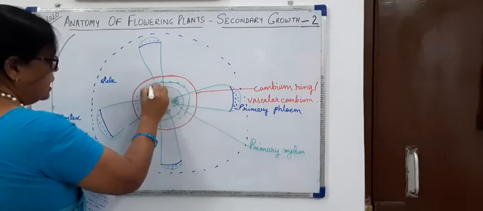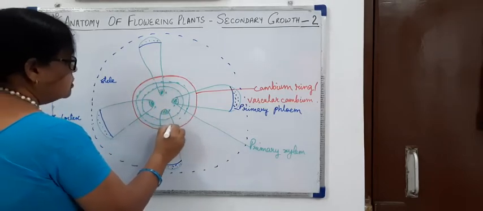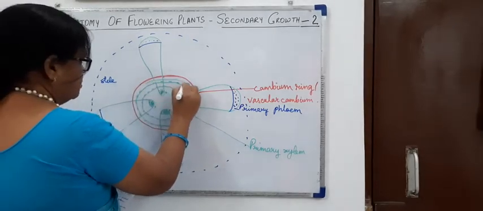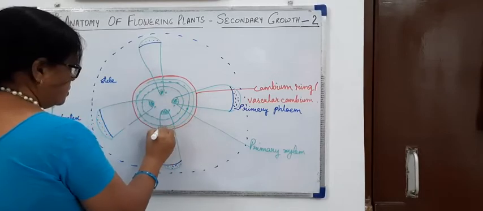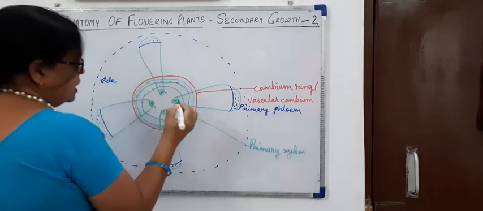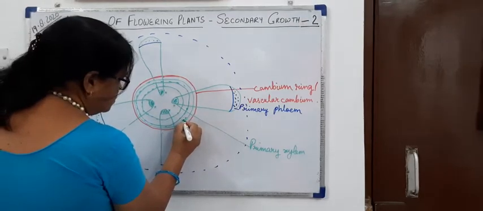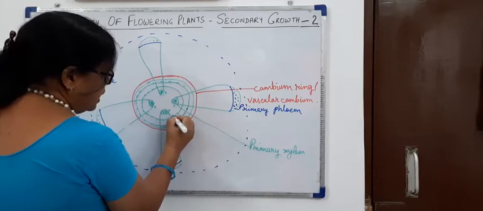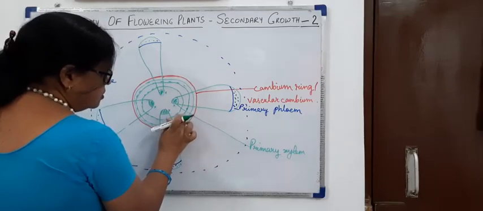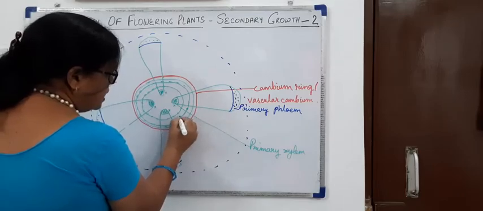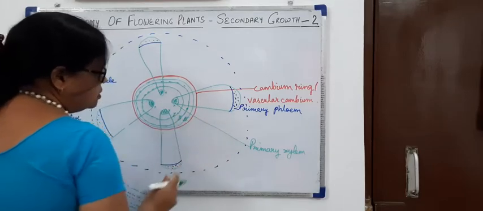This is another xylem ring. This is another xylem ring. So, this xylem ring was the first one to be produced. This is the second one, and this is the third one.